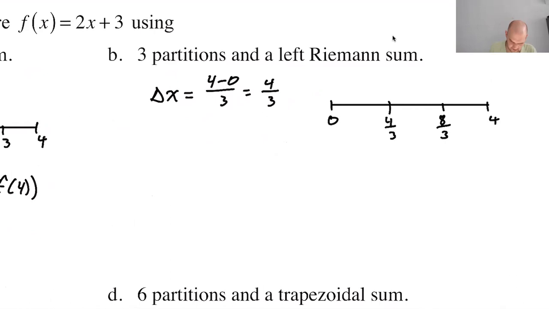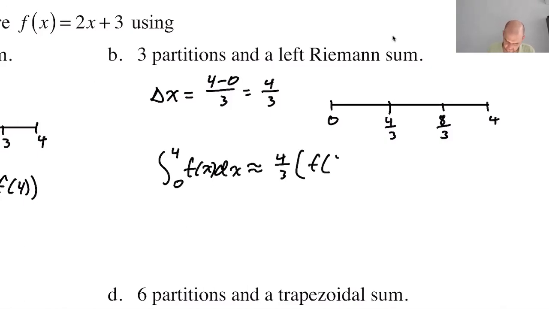So it's going to be the integral from 0 to 4 of f of x dx. So approximately, 4/3 is b minus a divided by n, 4 minus 0 divided by n, and then f of 4/3, f of 8/3, and then f of 12/3, or 4 if you prefer.